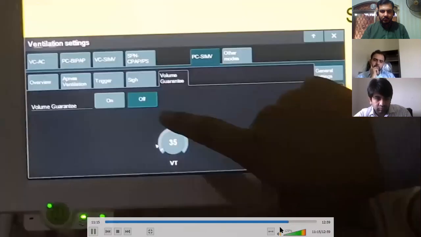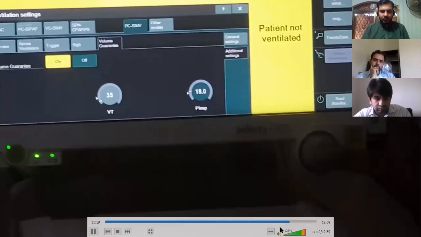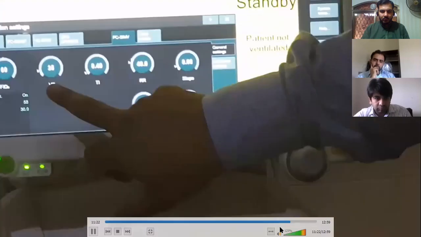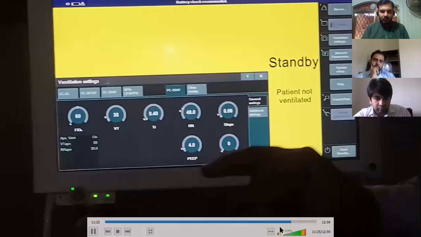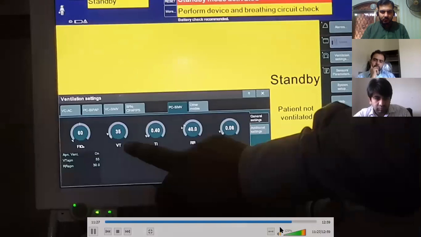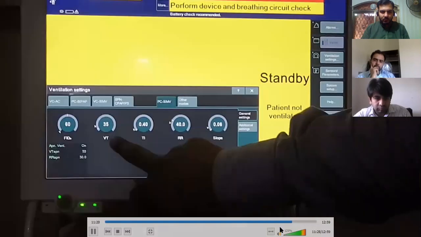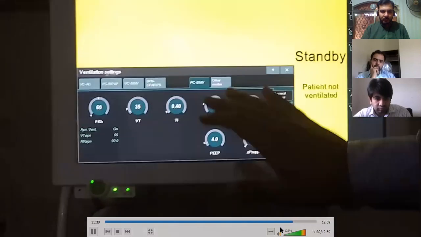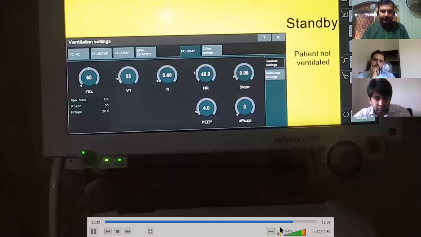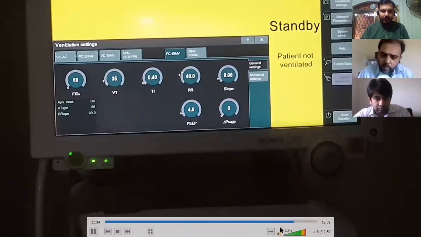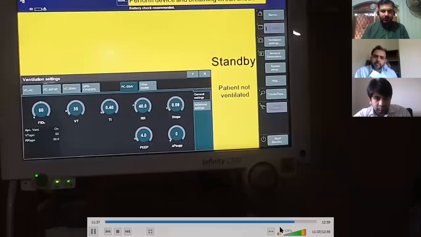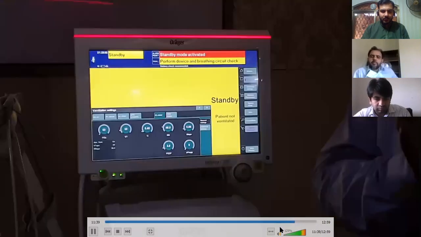The option of volume guarantee. So you can see that the vent will now guarantee that the tidal volume of 35 will be delivered to the baby on the following setting. So we change pressure control SIMV mode to pressure control SIMV with volume guarantee.